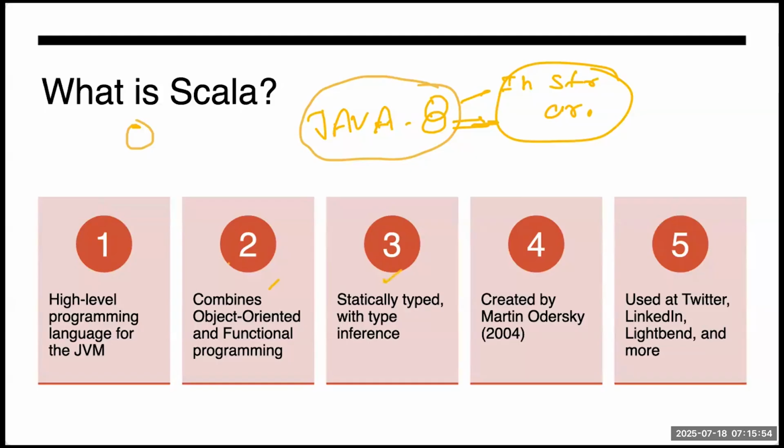Now, statically typed with type inference. What does statically typed mean? I have told you about compile time and type safety, right, in Spark with Dataset. Similarly, Scala will also check all the types during compile time.